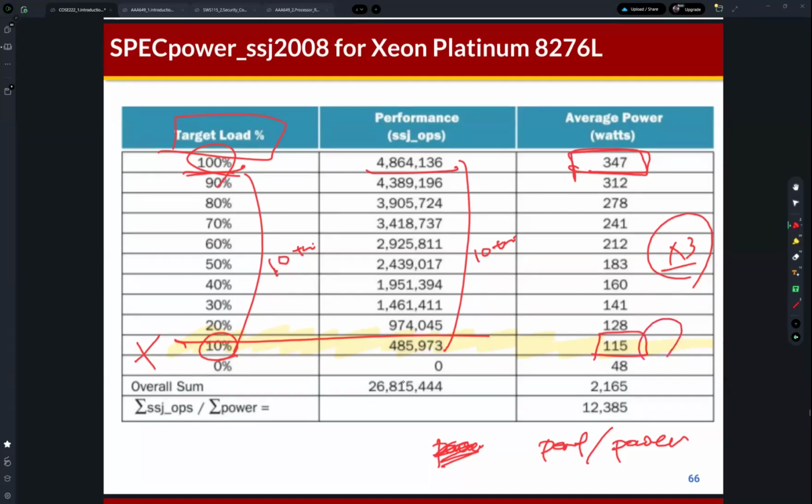So power is wasted. We can observe this property in servers. For a server system, 100% load is actually the most power efficient. This is another research topic: the power is not proportional to the target load of the server system.